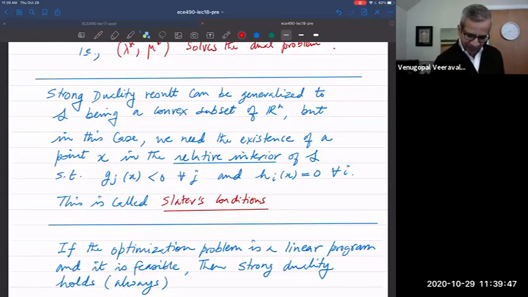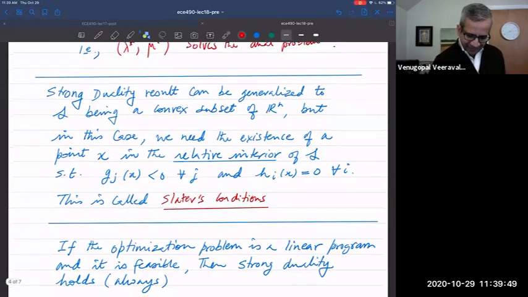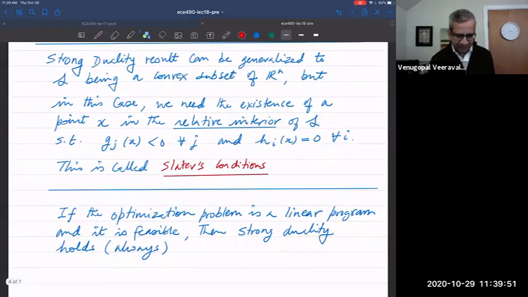They also call it Slater's constraint qualification conditions, the more accurate term. So everyone can understand where this is coming from and when you can easily show strong duality holds.